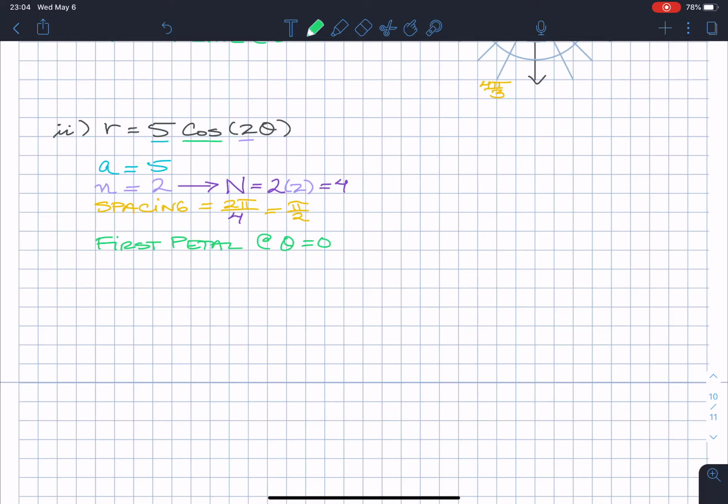Okay, so let's go ahead and plot this polar graph with a lighter color. Okay, so x and y coordinate axes. Here's my circle of radius 1. Here's my circle of radius 2.